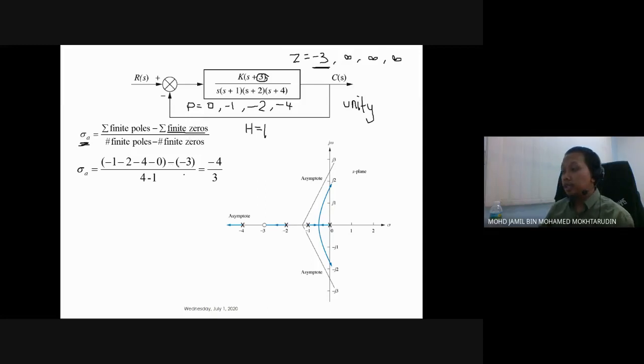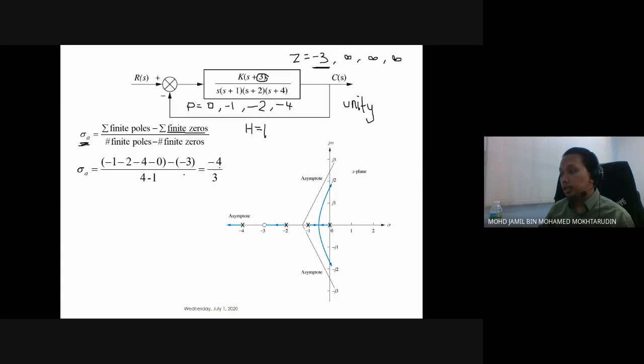So here minus 3. So you divide it by 4 poles. So you have 4 poles here, and you have only one finite zero, which is only -3. So divided by 4 minus 1. So you get -4 divided by 3.